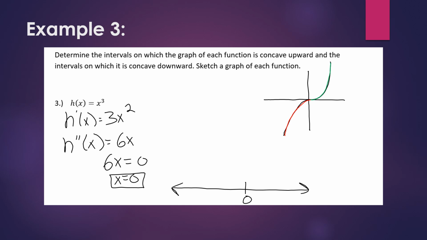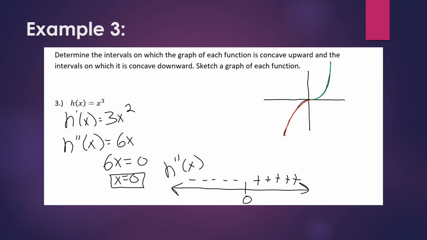And remember, we are dealing with h double prime here, which is just 6x. So if I plug in something negative, I'm going to get a negative number, and if I plug in something positive, I will get a positive number. So I'm concave down when it's negative, concave up when it's positive.